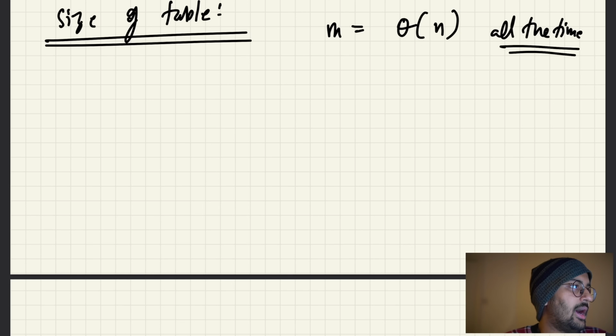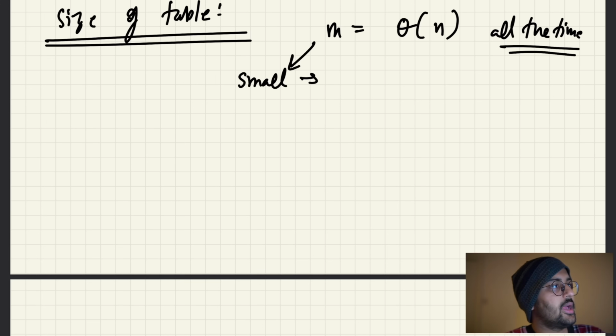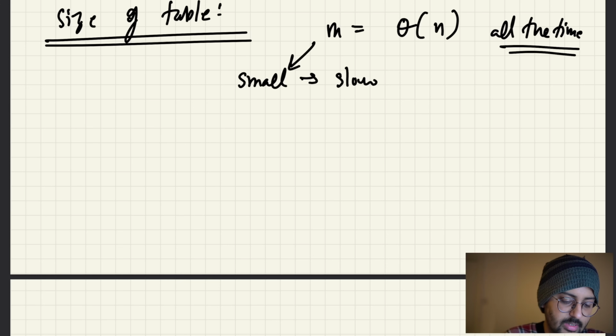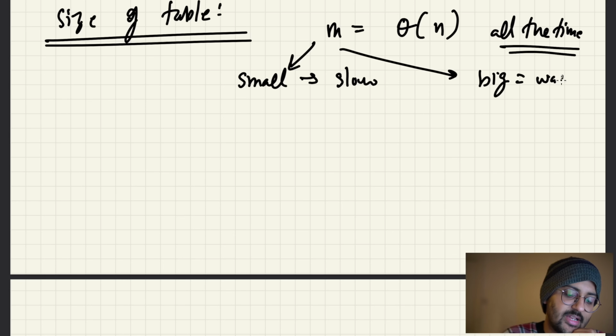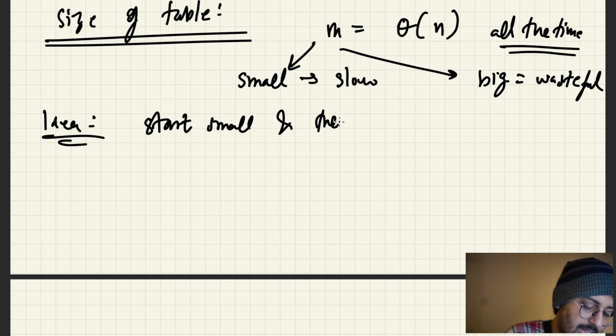If you have the size very small, then your table will be slow. If you have it very big, you are wasting resources. Wasteful. Okay, so the idea is start small and then grow.